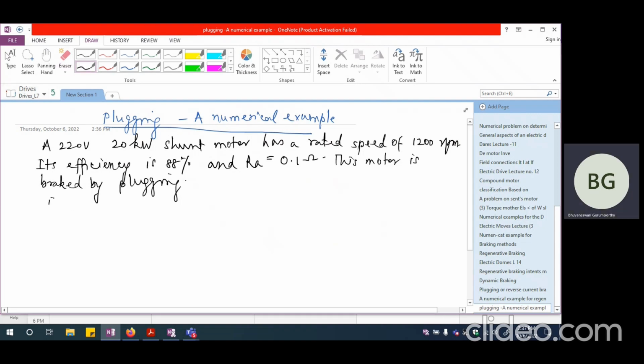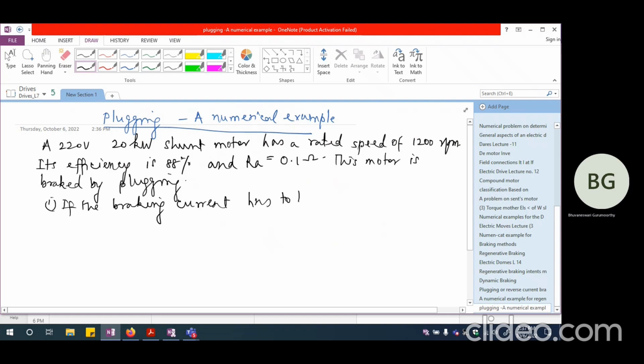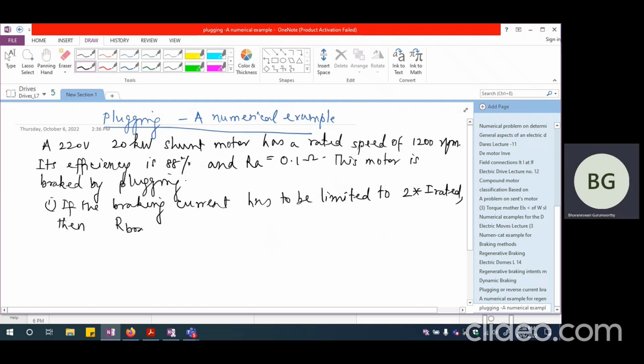So the first question is, if the braking current has to be limited to 2 times I rated, then R braking equal to what?